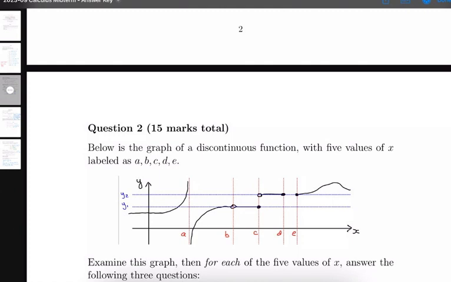How many questions are there in total? How many answers will you have to give? 3 or more? So for each of the 5 values of x, answer the following 3 questions. So when it says for each of the 5 values of x, what is one of the values of x? A. So for A, what will you do? Which questions will you answer for A?